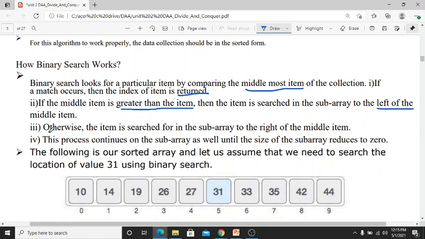Otherwise, the item is searched for in the subarray to the right of the middle.